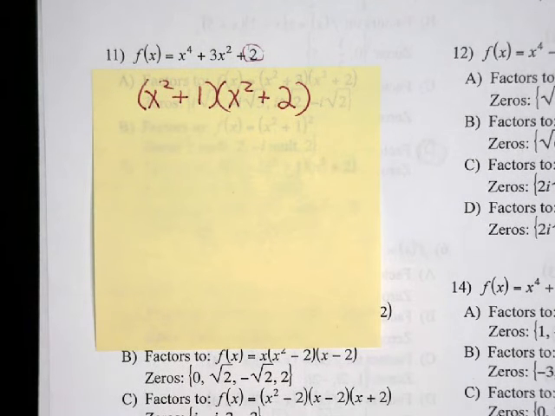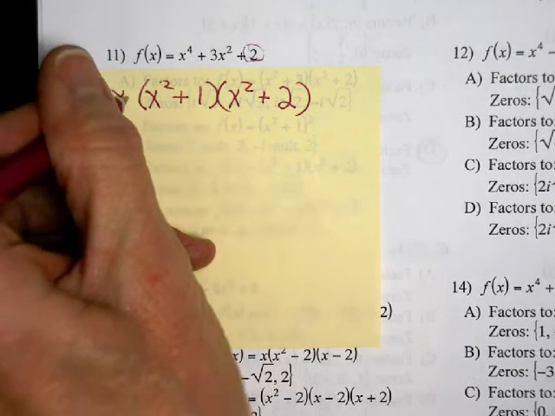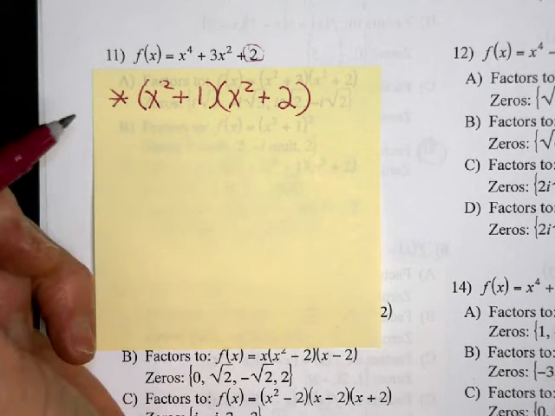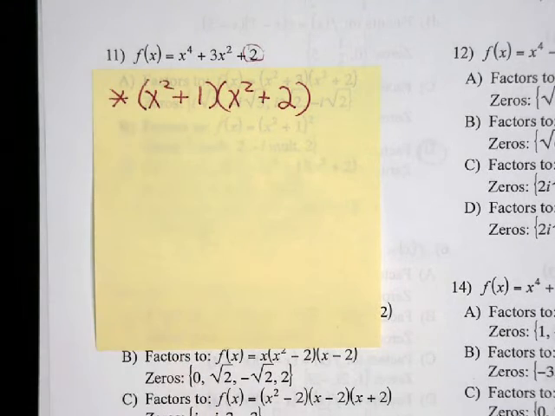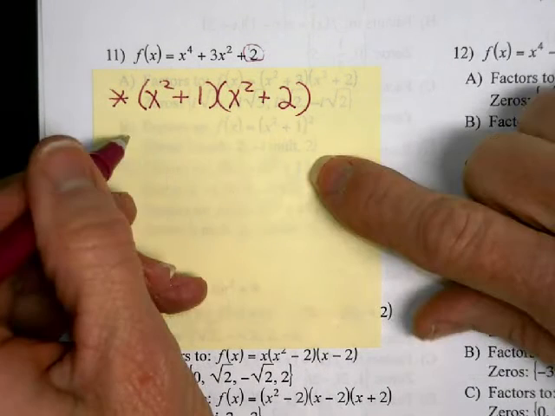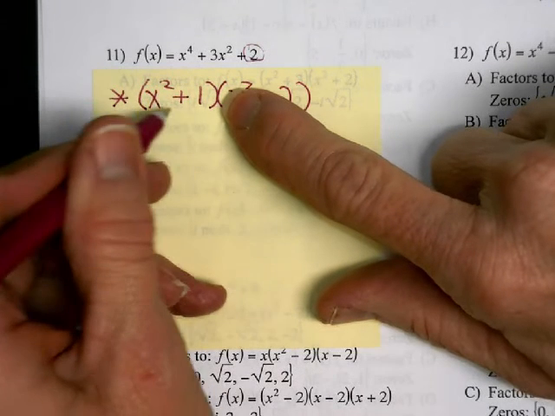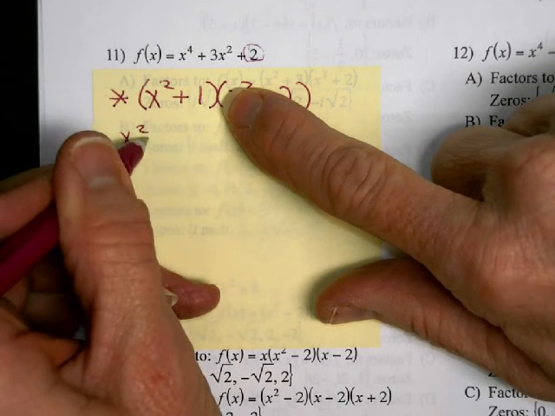So the factors of 2 when added give me 3, yes. But we're not, well, this would be an answer. This would be the factor choice you'd look for 11. But there are a couple of them with this factor choice, so you have to keep going to answer.